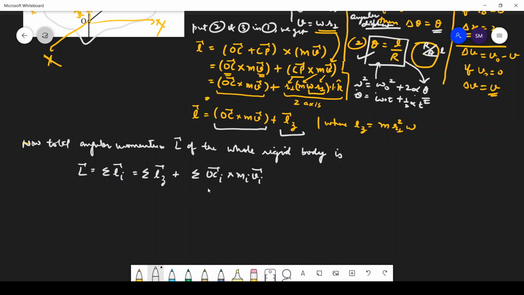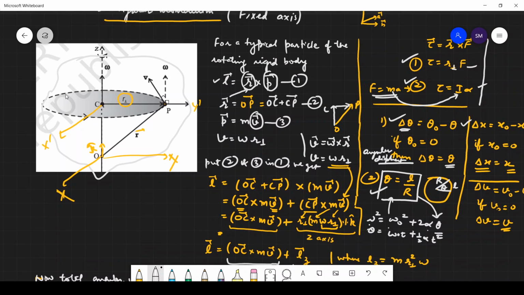As this component is perpendicular to the z-axis, I have discussed with you that OC, its direction is along the x-axis, and this OC is along the y-axis. See, OC is along the axis of rotation, that's your z-axis.